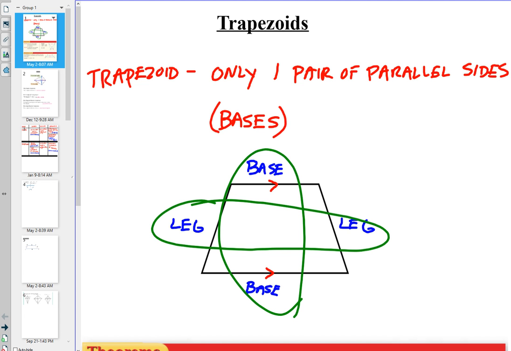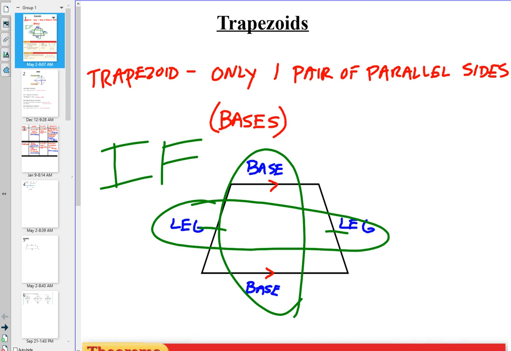Now, what some people tend to think is that the legs have to be congruent. That is not true. In order to be a trapezoid, the only requirement is that you have 1 set of parallel sides, and those sides are called the bases. Now, if the legs happen to be congruent, then that's a special type of trapezoid called an isosceles trapezoid.